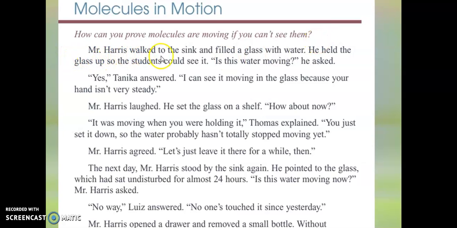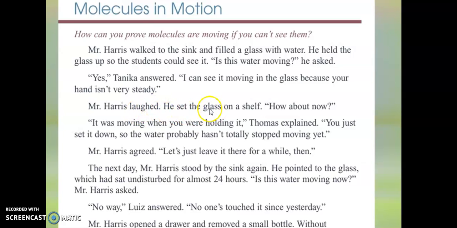Mr. Harris walked to the sink and filled a glass with water. He held the glass up so the students could see it. Is this water moving? he asked. Yes, Tanika answered. I can see it moving in the glass because your hand is not very steady. Mr. Harris laughed.